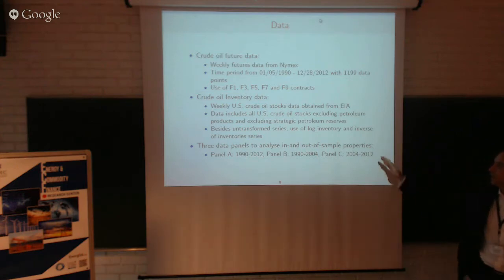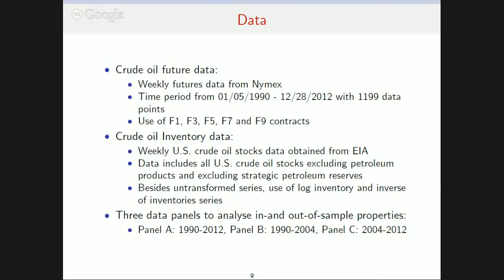We also made some transformations of that inventory data series in order to investigate non-linearities later. So we used the inventory, but also log inventory and the inverse of the inventory series, because in the empirical studies of Gordon, Hayashi, and Rubenhorst, they have shown that this dependency between the convenience yield and the inventory levels is not linear, but has some kind of non-linear feature.